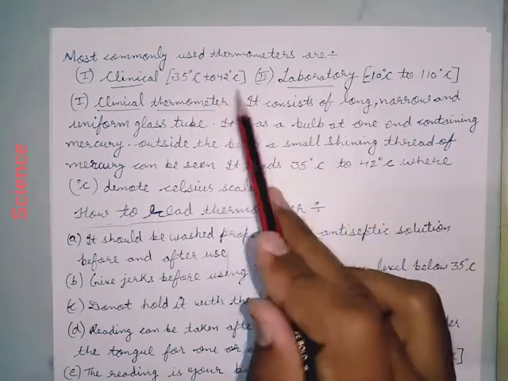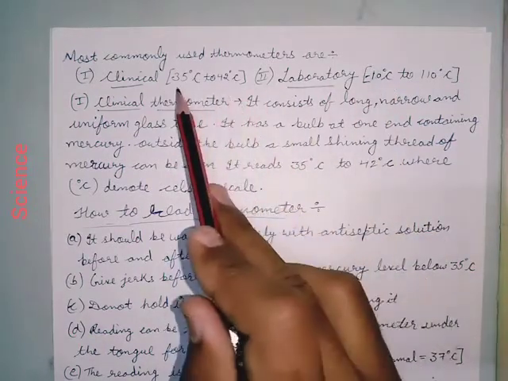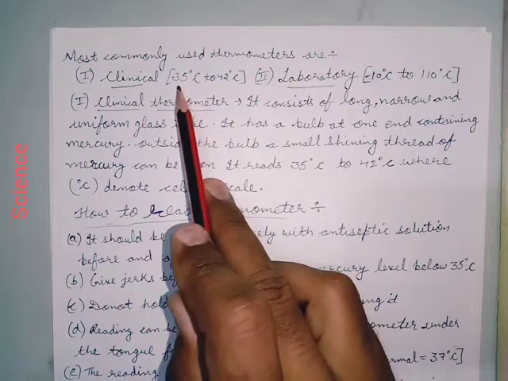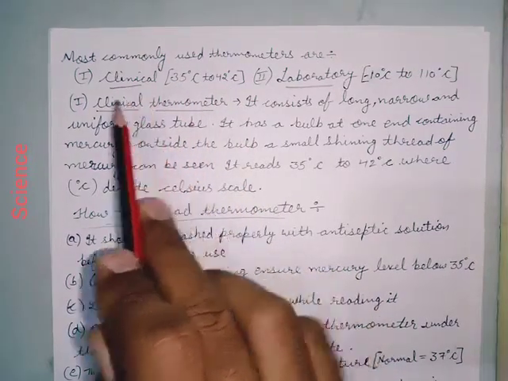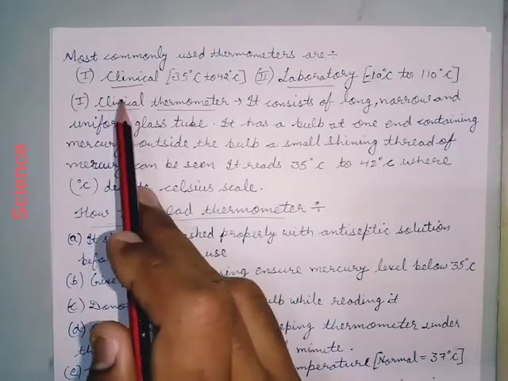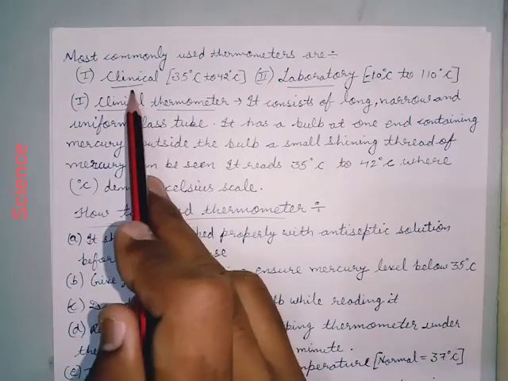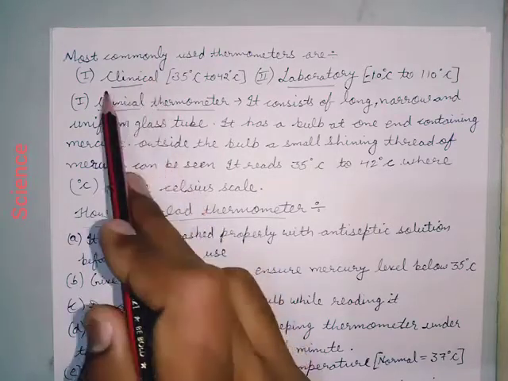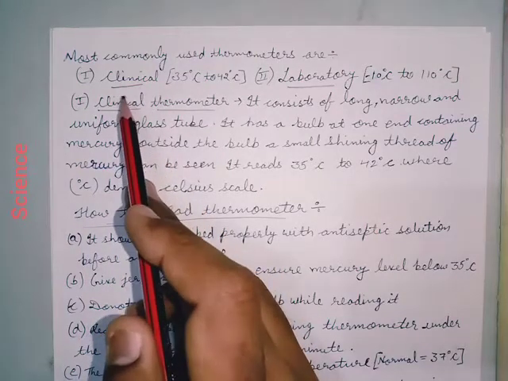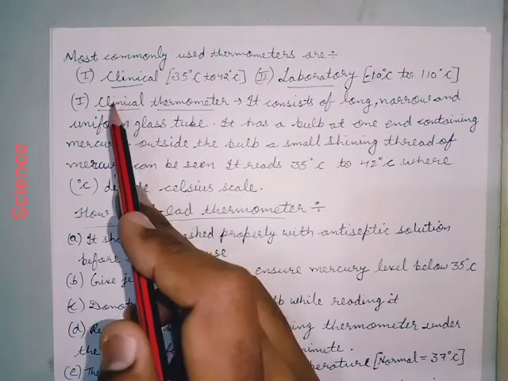On the basis of their range, the clinical thermometer can measure the temperature from 35 to 42. These temperatures are normally found in the human body, so we can say it is a clinical thermometer, used at clinics for testing human temperature.